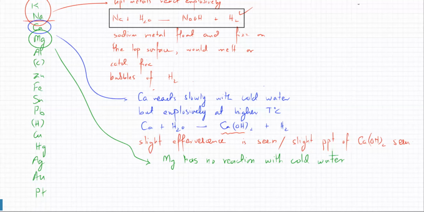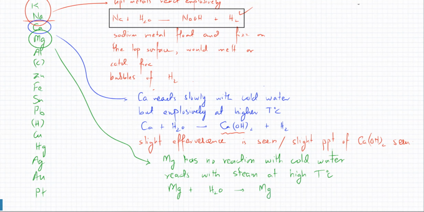It reacts with steam at very high temperatures. At high temperatures, oxides are usually formed because the hydroxide will decompose.